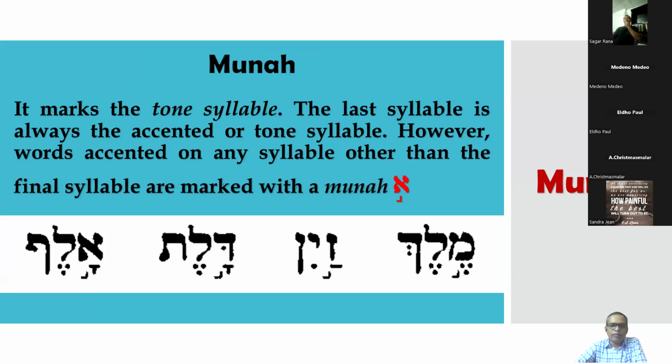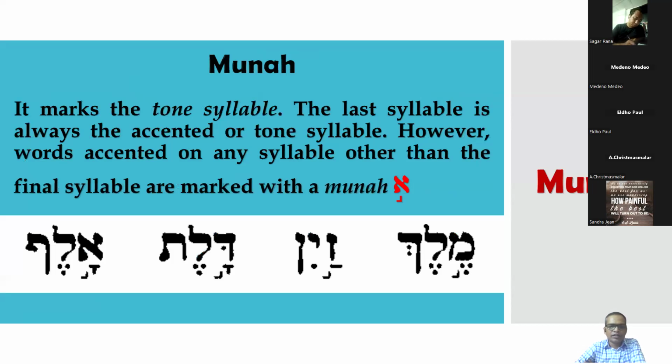If you look at the form of munna in the text I have given here, I have ended with aleph, and underneath aleph you can see a small mark, like the opposite form of an L. This sign is called munna, and it is an accent.